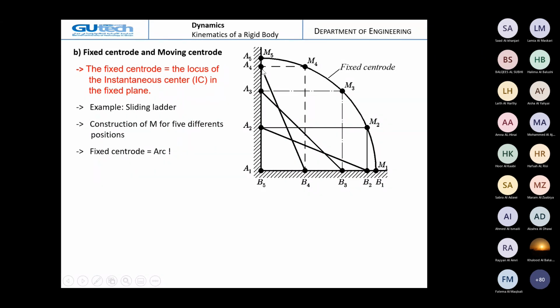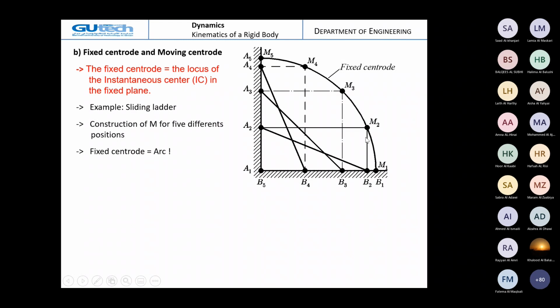Now, at time T4, we have the direction of VA, we draw the perpendicular, and the direction of VB at time T4 is in this direction, we draw the line, and we get the center of rotation. The same principle will be used at T3 and T2.